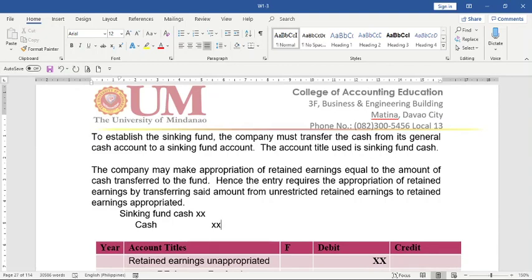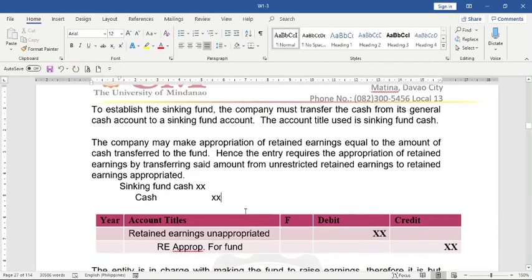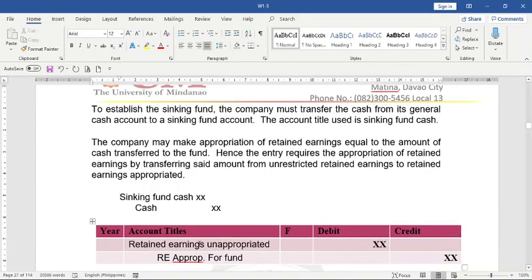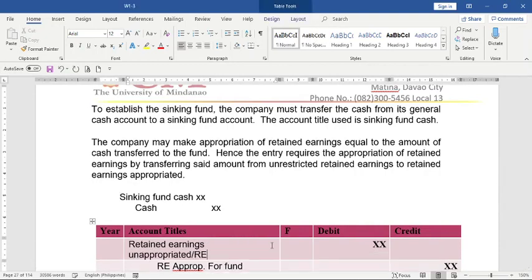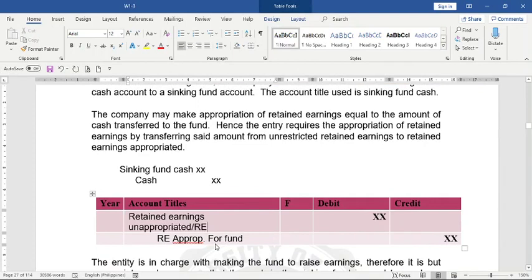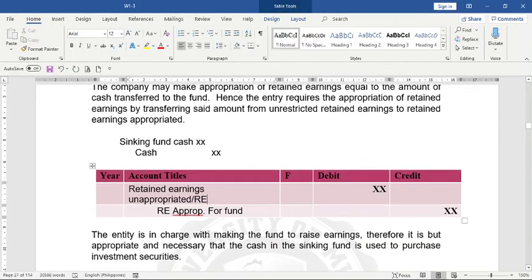And then, after that, appropriate your retained earnings: from retained earnings unappropriated to retained earnings appropriated for fund, so that it cannot be given to your stockholders as part of the dividends.